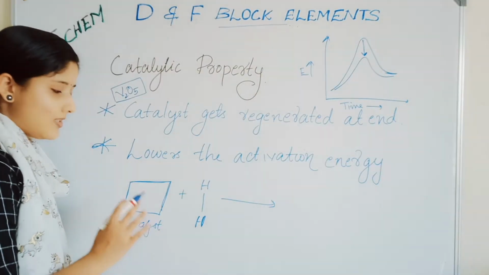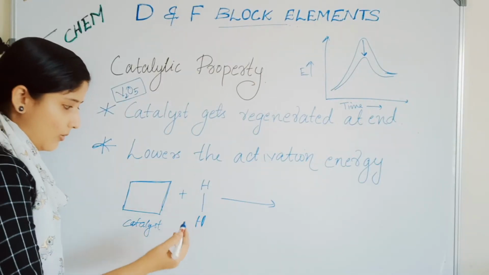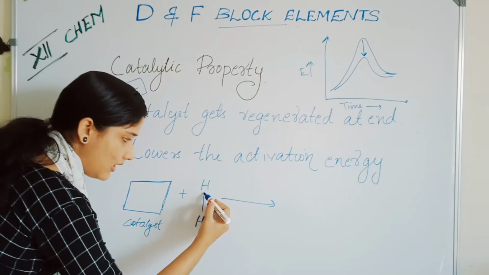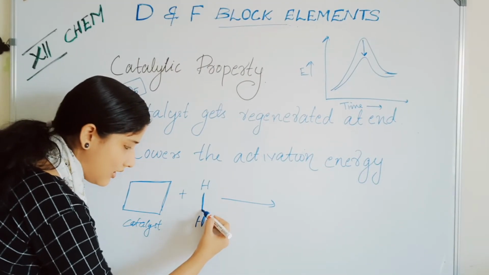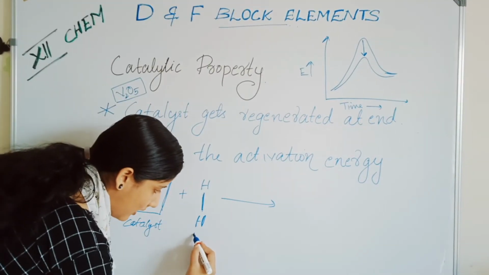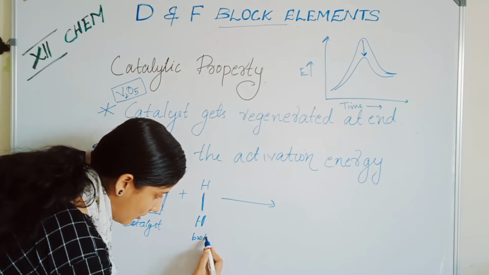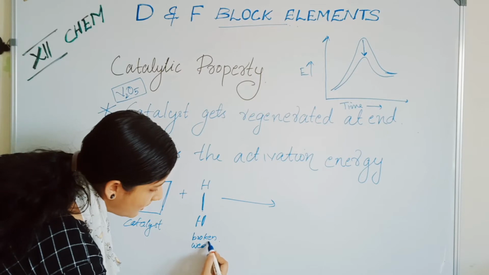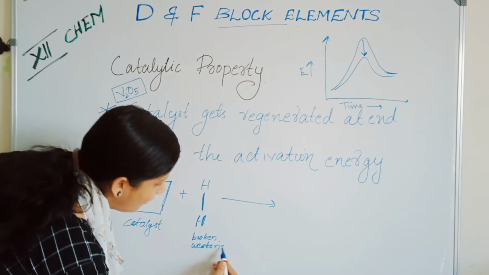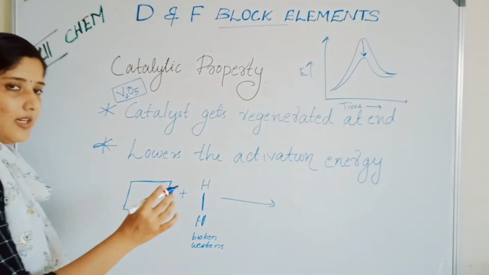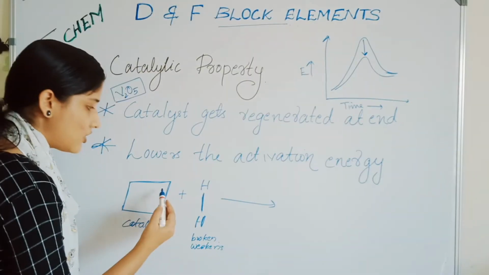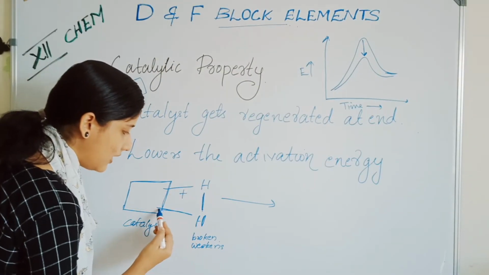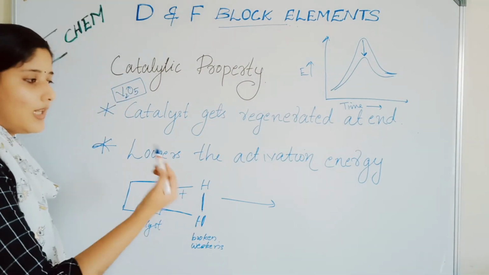When a catalyst reacts with a reacting molecule, two things happen. The bond between the reacting molecules gets broken. The bond weakens, and the second thing is that a strong bond will be made in between the reacting molecule and the catalyst.